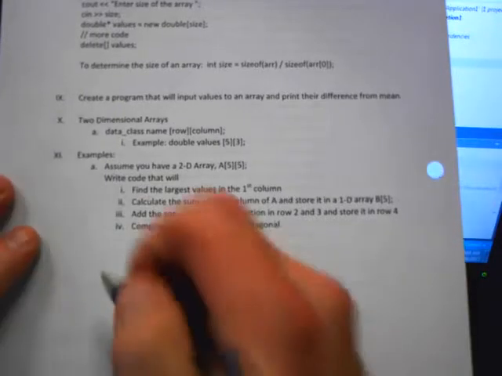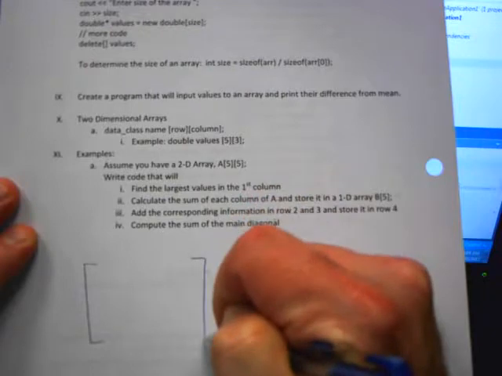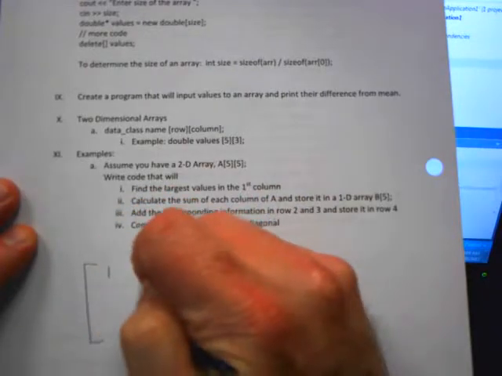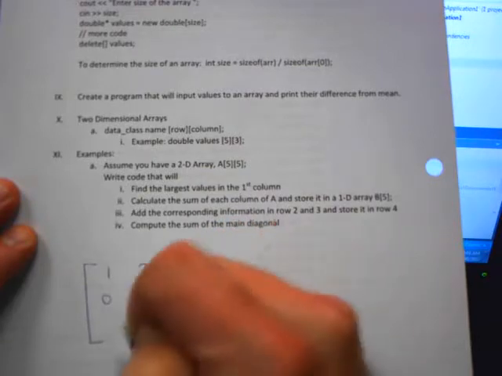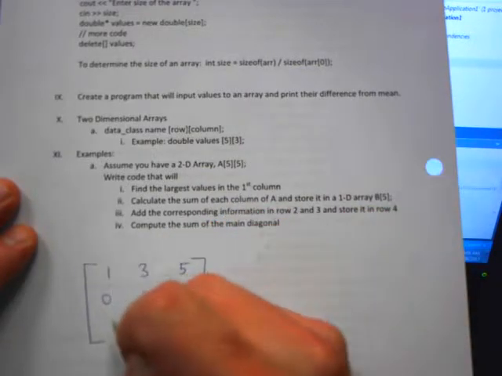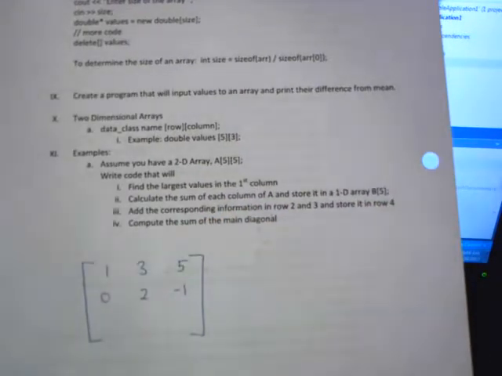In a math class, we would call a two-dimensional array a matrix. So we might, in a math class, write something like this: 1, 3, 5, 0, 2, negative 1. So there's a two-dimensional array.